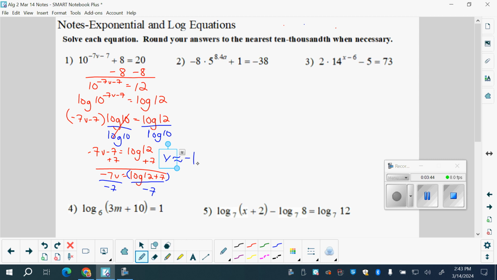What do we get for our answer? Negative 1 point... Should be 1.1542.